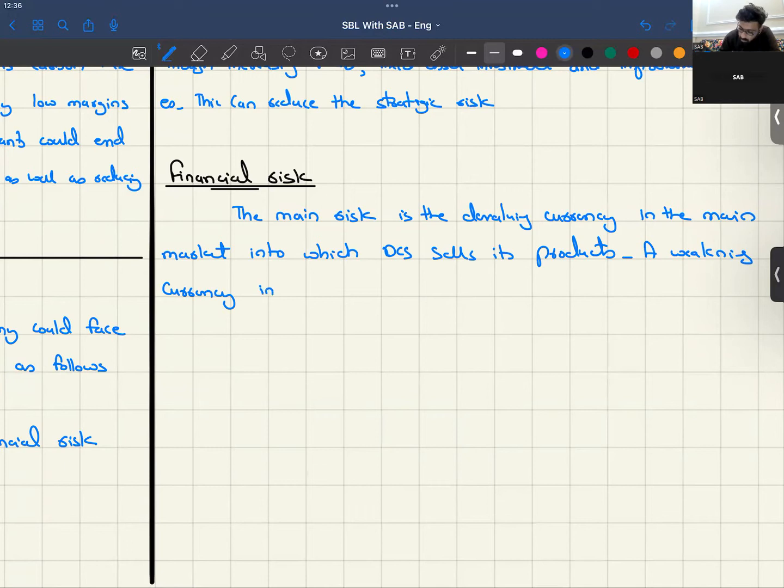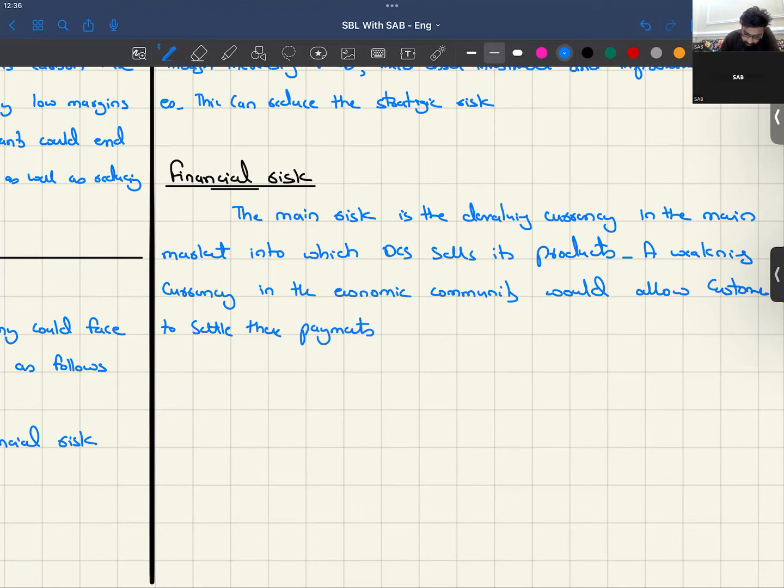In the economic community, which would allow customers to settle their payments, that means translation exposure exists, right?